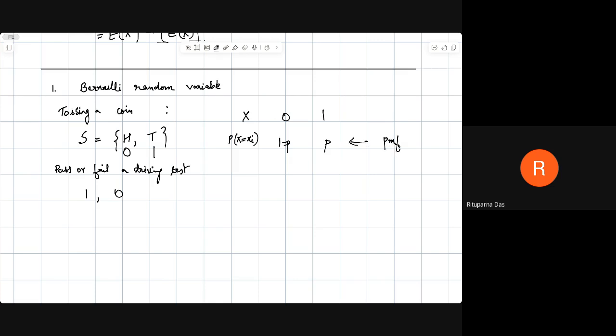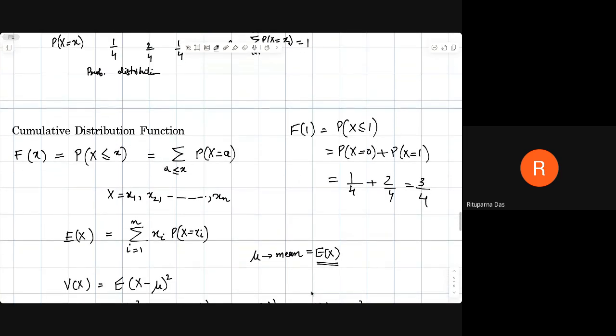Okay, so if this is the probability mass function, then what will be the CDF for Bernoulli? CDF is the cumulative distribution function. We just discussed that if we are finding it at value 1, that means the PMF for all x less than or equal to 1, which is P of x equal to 0 plus P of x equal to 1.